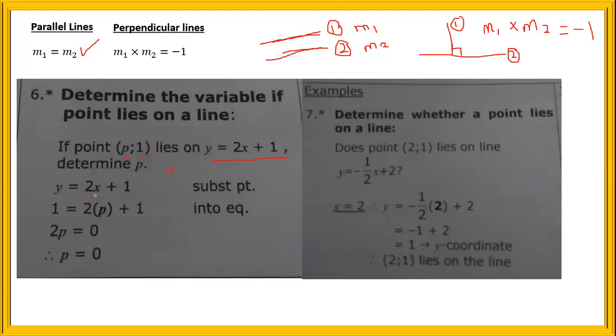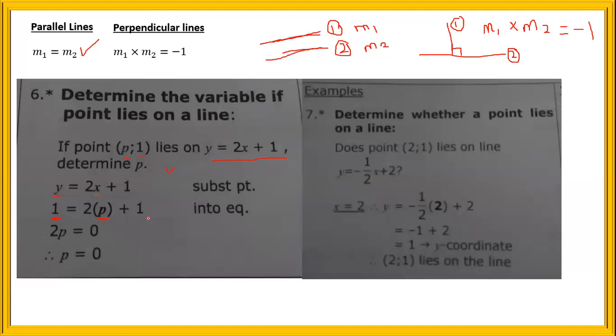So we know that x from our equation is P. There we go, right? And we know that y is 1 from the point that we are given, right? So now we have an equation in terms of P. 1 is equal to 2P plus 1, right?